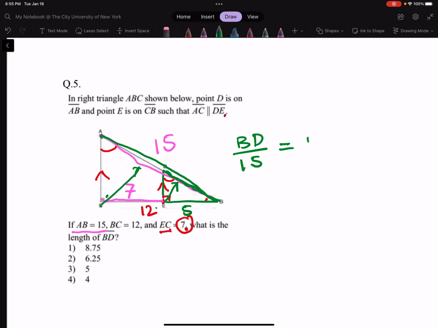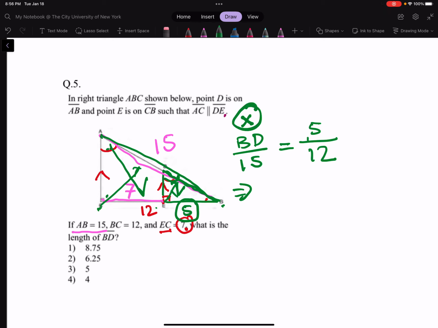And then we have this one, 5, BE, opposite of this angle. So we have that is 5. And this congruency is with A, its opposite is full BC. Okay, so that's 12. So now you can cross multiply with this one. You can keep it as BD, or you can make it X also, as up to you.